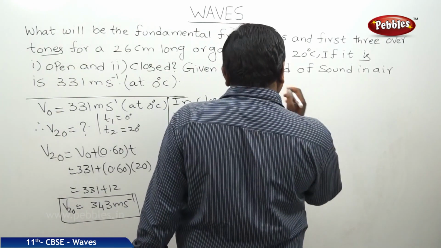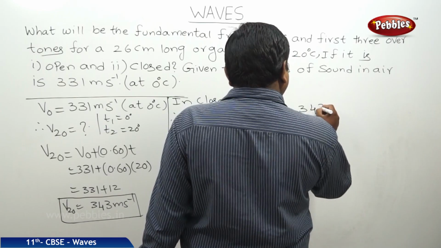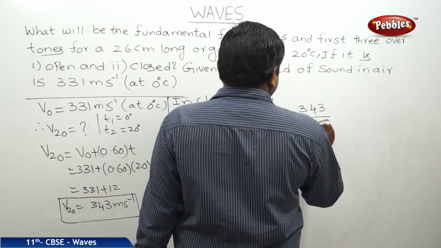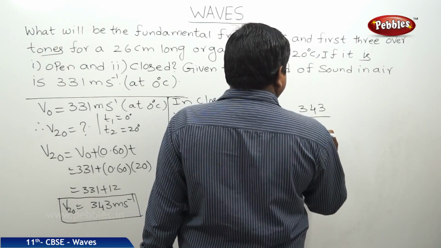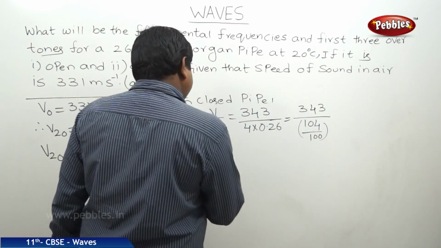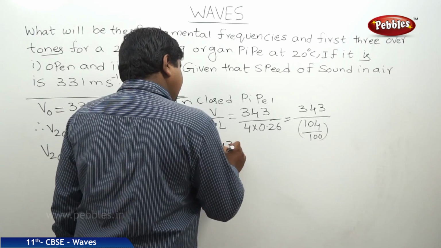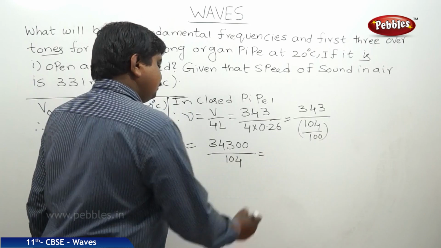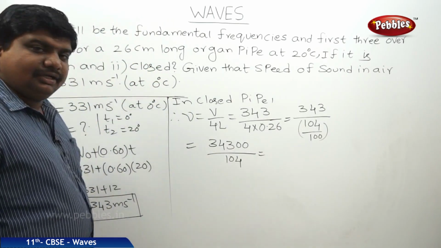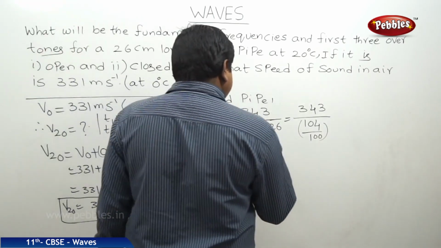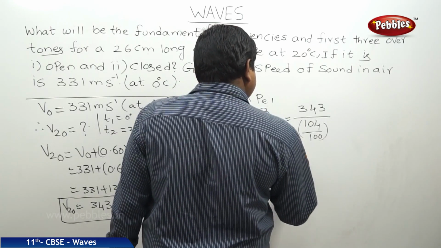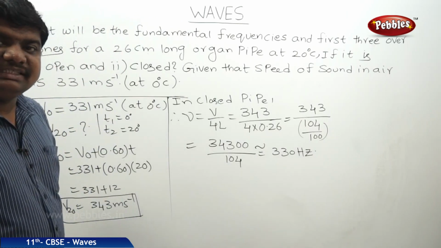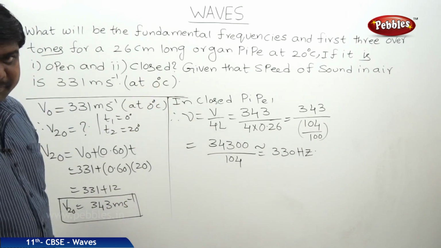So, it is 343 by 104 by 100. Therefore, it is 343 into 100 by 104, 34,300 by 104. So, approximately we will get 330 Hz. So, the fundamental frequency is 330 Hz in the closed pipe case.